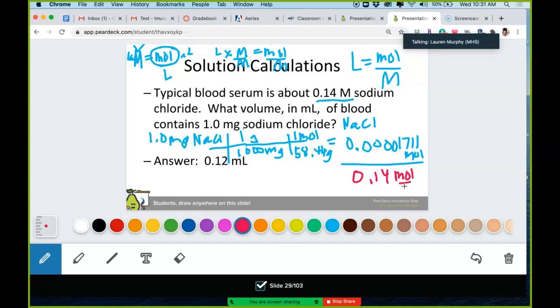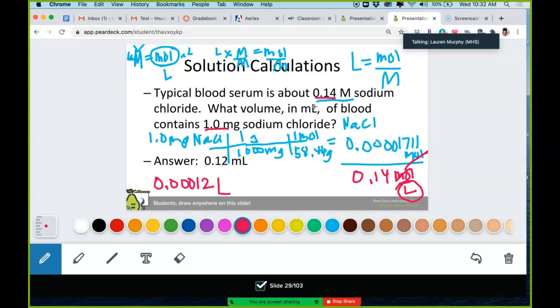Molar stands for moles per liter. So look, your moles cancel and you're left with liters. So you divide by 0.14 and you get 0.00012223. Well, this is 2 sig figs and this is 2 sig figs, so your answer is 2 sig figs. Liters. Remember, because the molarity equation only has liters in it.